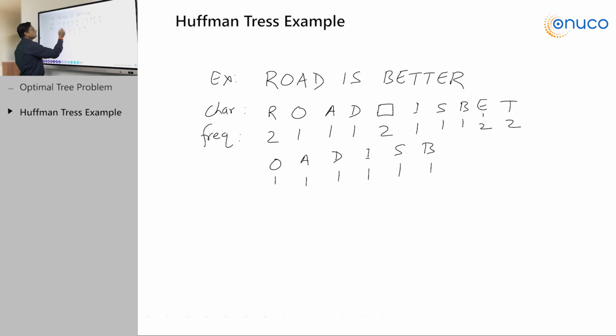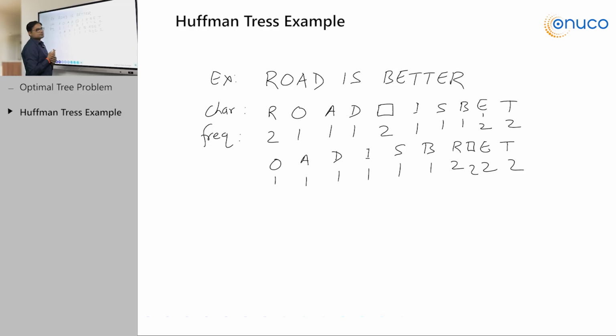Thereafter the larger frequencies: R 2, E 2, blank space 2, T 2. So there are 4 characters of frequency 2.